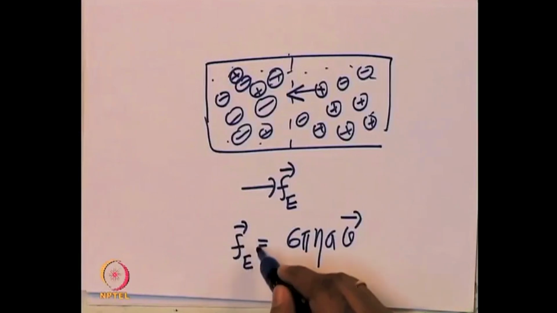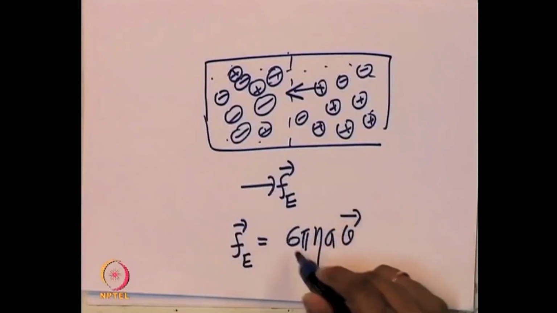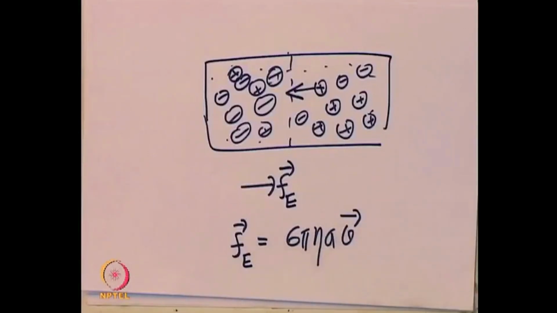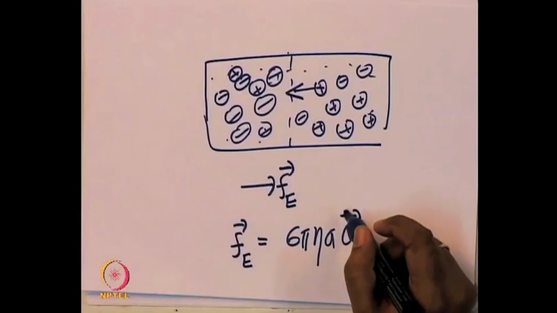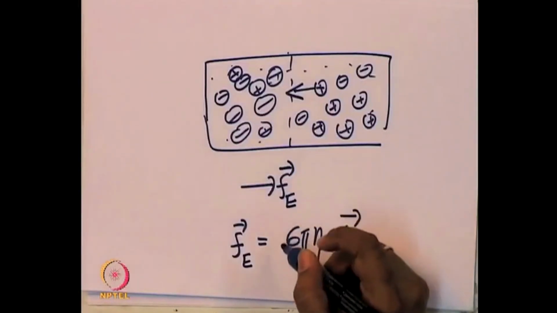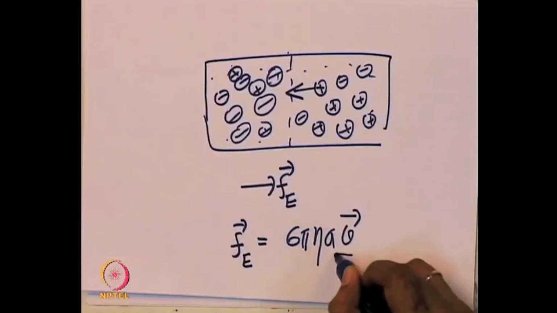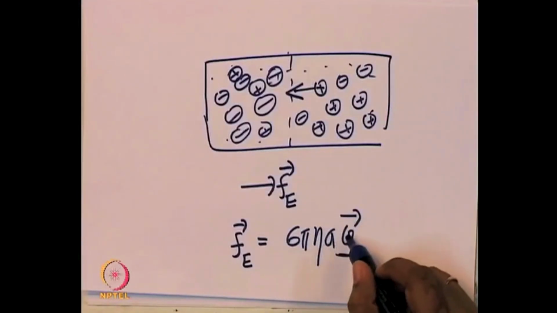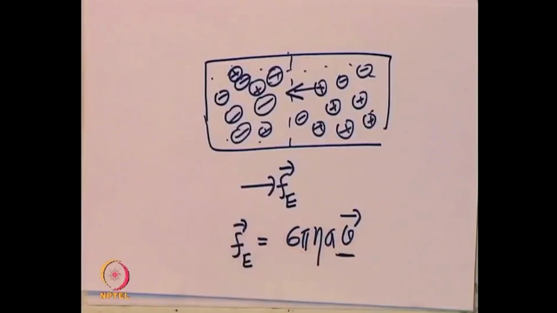Here F e is the electrostatic force and this is the drag force. When they are equal, there will be a uniform, steady state flow, and the velocity of this flow will be given by this v, which is related to the electrostatic force by this formula.